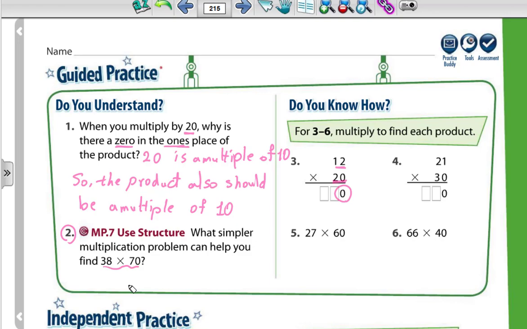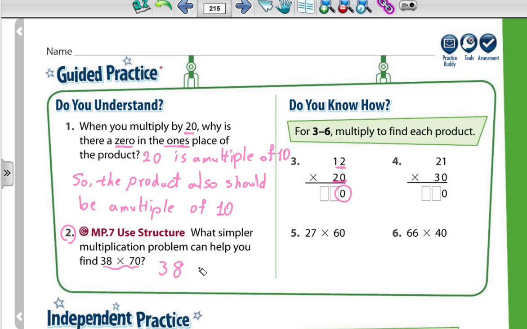We put 38 multiply 70, and we put the 0 and we multiply 38 by 7. Excellent.